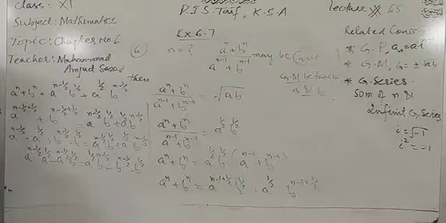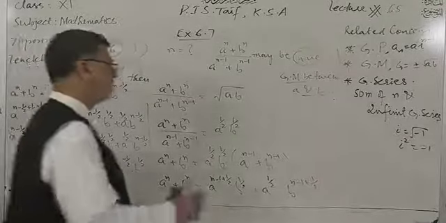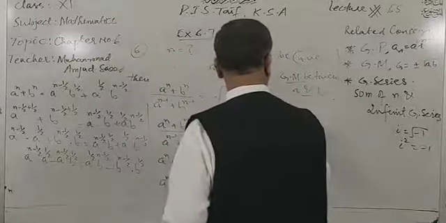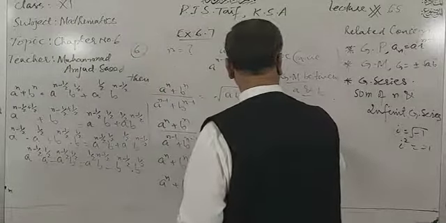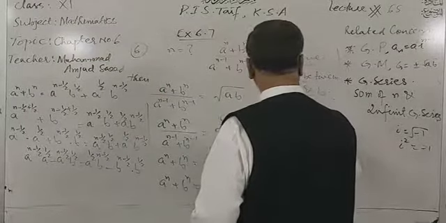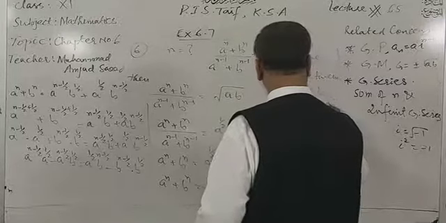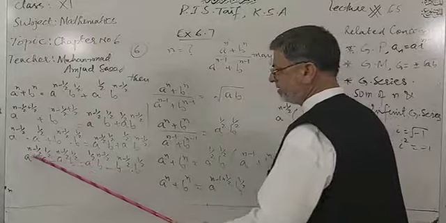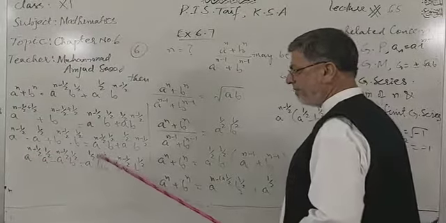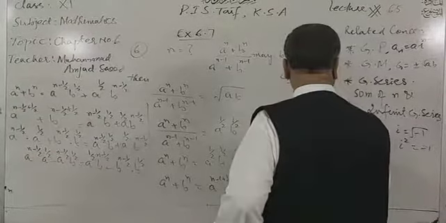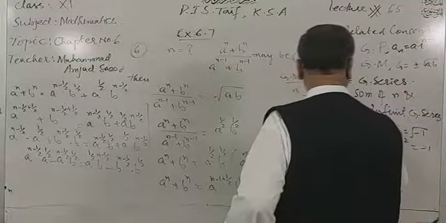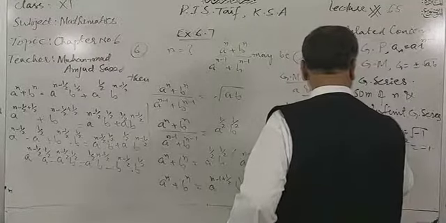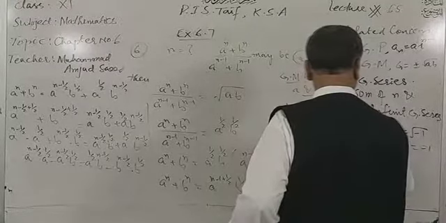Dear students, from the left hand side you can take a^(n-1/2) common inside: (a^(1/2) - b^(1/2)). Similarly, on the right hand side you can take b^(n-1/2) common: (a^(1/2) - b^(1/2)).